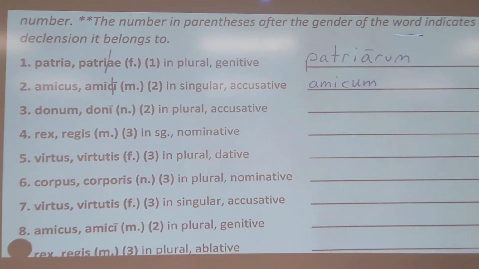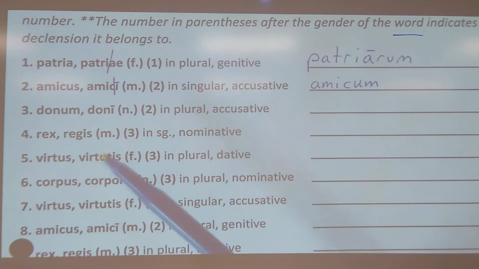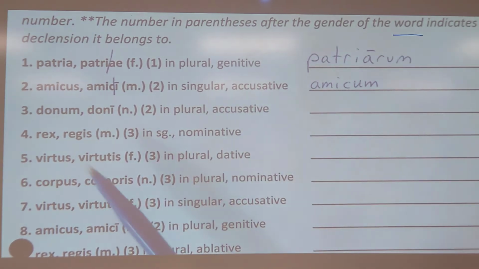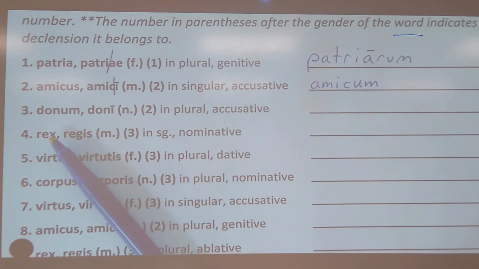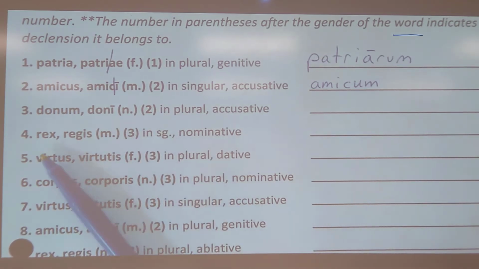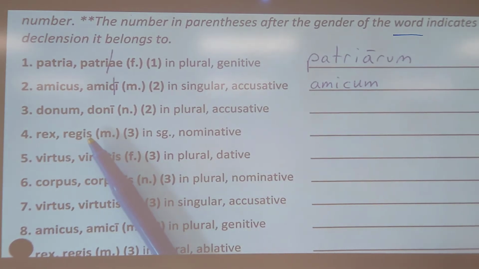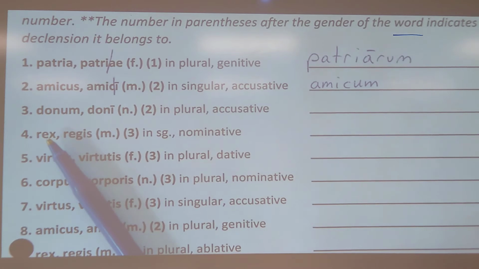The only times that it doesn't is there are a very small number of times where you actually don't even have to go that far. For instance, if you look at number four, we have a third declension noun. And third declension nouns really are most of the reason that we always have to look at the genitive singular, because as you remember from the last video, the nominative singular for a third declension noun can look like anything.